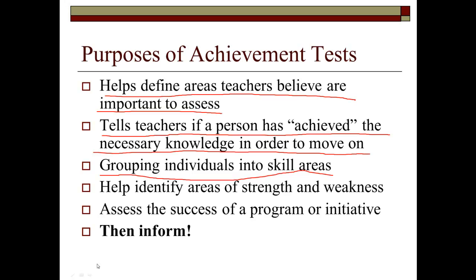And then, of course, as we've just said, it helps to identify areas of strength and weakness. We can know what students are strong in, whatever academic area or whatever areas within a course of study, and then see where extra help, extra instruction needs to be done in other areas.